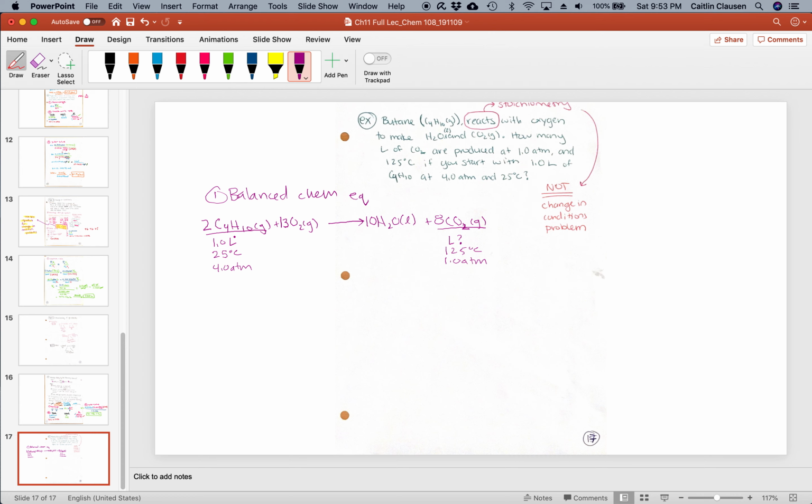Well, right off the bat, we've got volume of our starting material. The balanced chemical equation can only accept moles, so we have to convert the volume given of butane into moles.